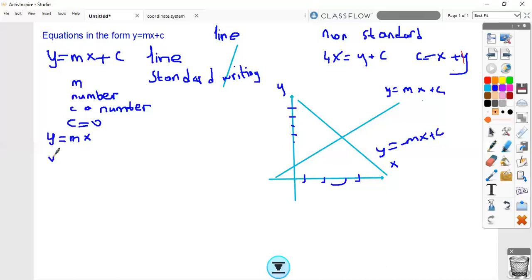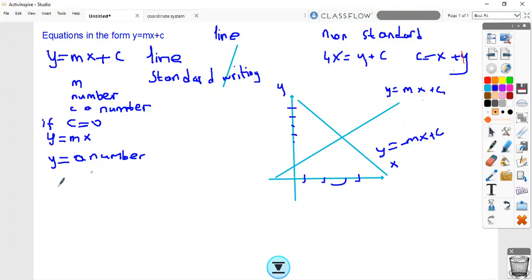Y will be a number. If c is equal to 0, y will be equal to a number.